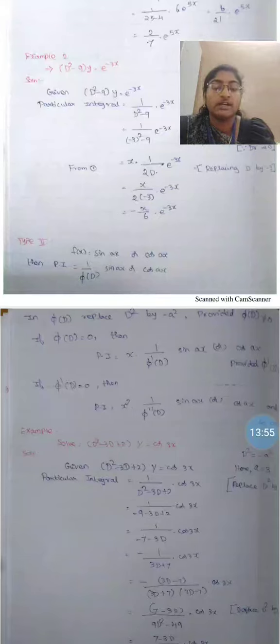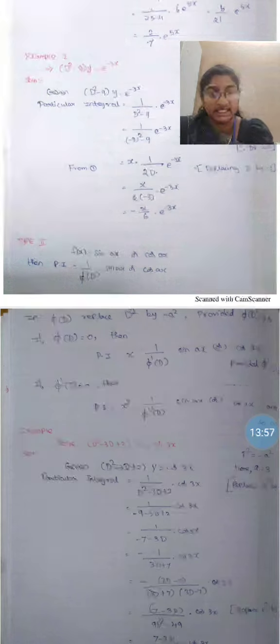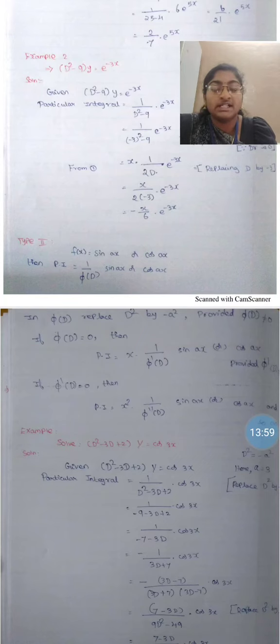Note it, d square by minus a square, not d. So in phi of d replace d square by minus a square provided phi of d is not equal to 0. Same, our denominator should not equal 0.